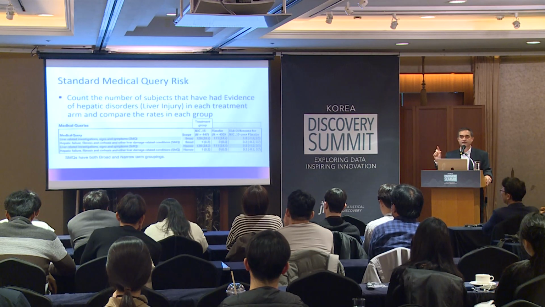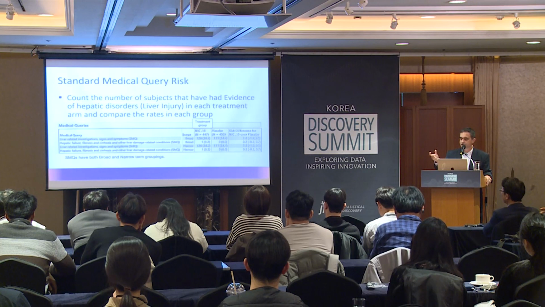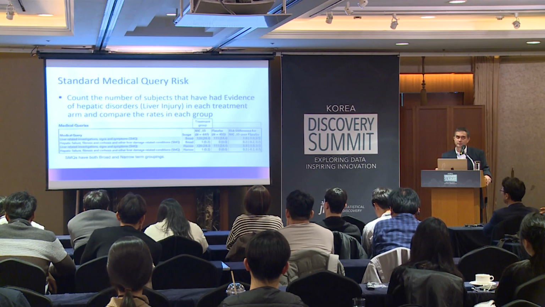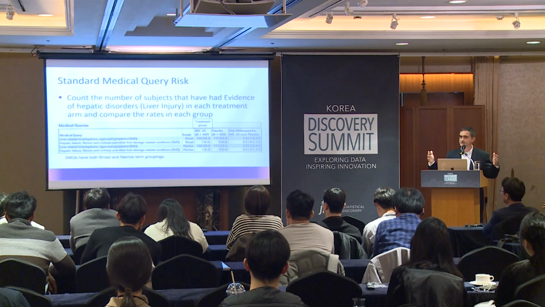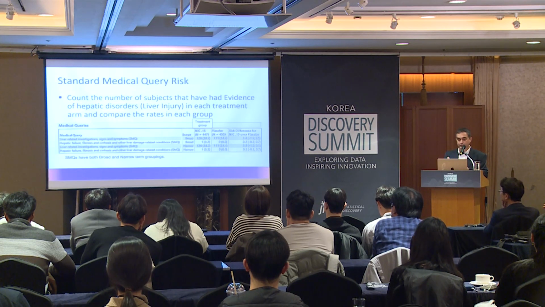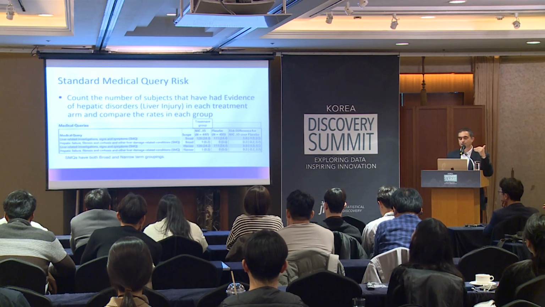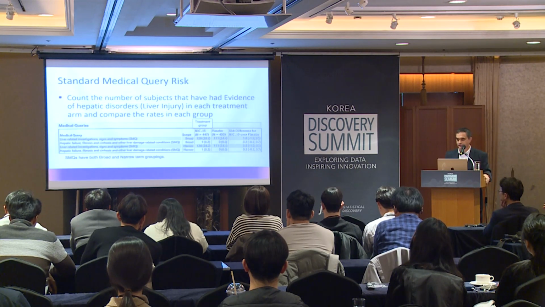And then you can take a look at the difference in the rates, the difference in the percent of occurrence. And in this case, the difference is 3.8, but the confidence interval for that difference is pretty wide. And so there's no indication that there's any statistical difference in the rates of liver-related investigations, whether or not you use the broad definition or the narrow definition.